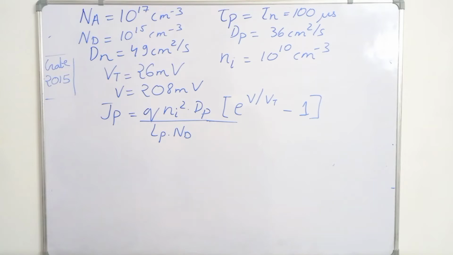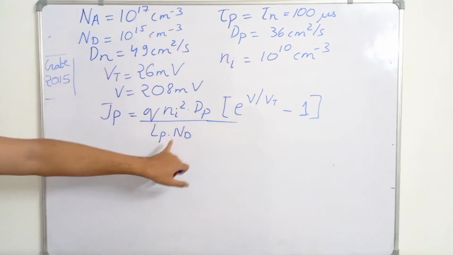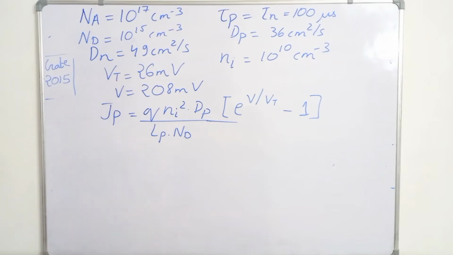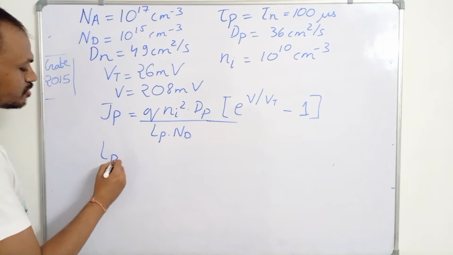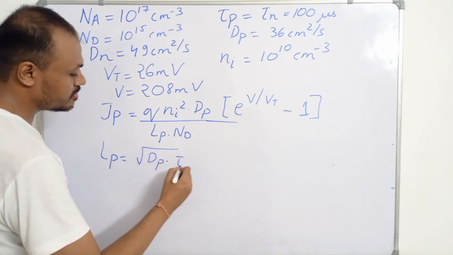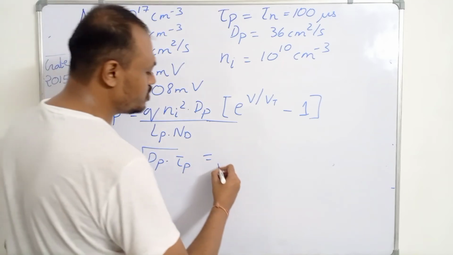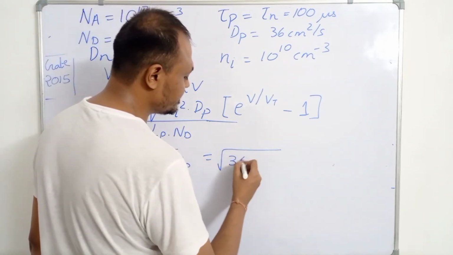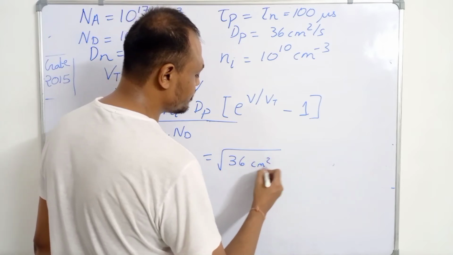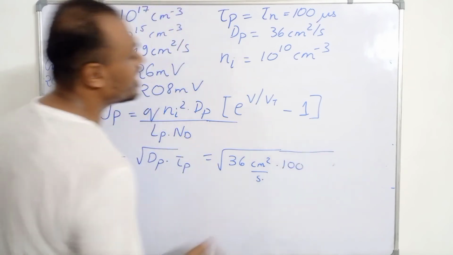So Dp we are given as 36 centimeter square per second, ni square we are given, Lp we are not given, the diffusion length we are not given. So Lp is equal to under root of Dp dot tau p. So this is given as under root of 36 centimeter square per second dot 100 microsecond.